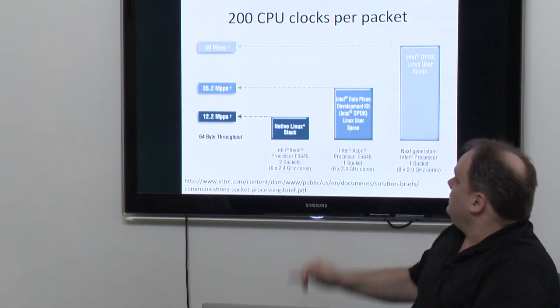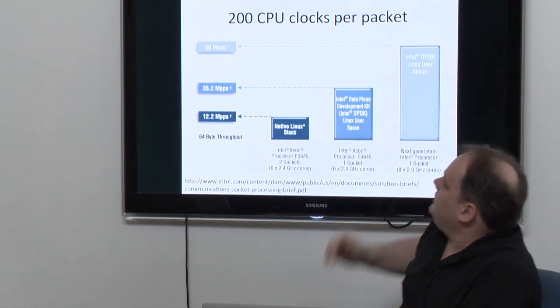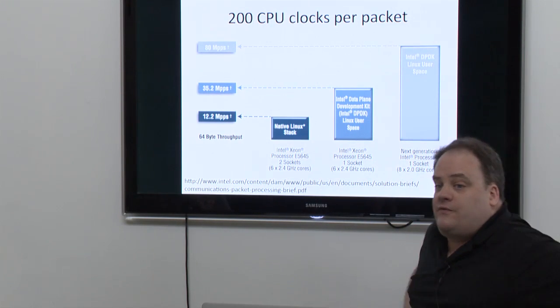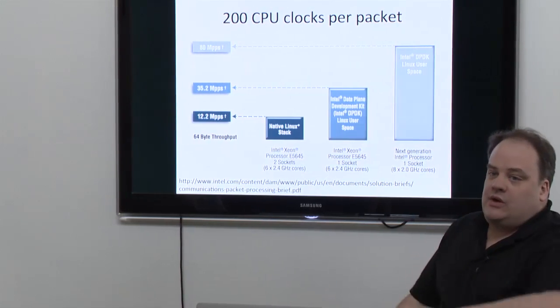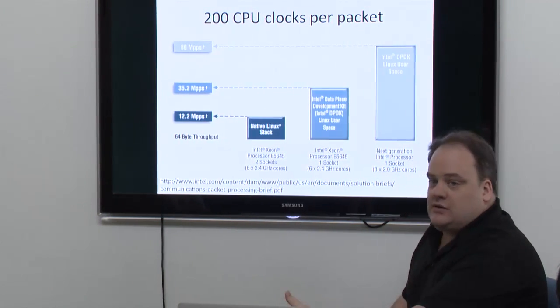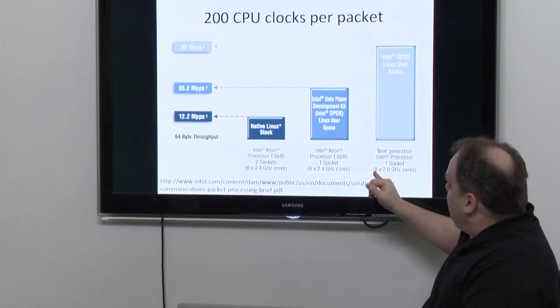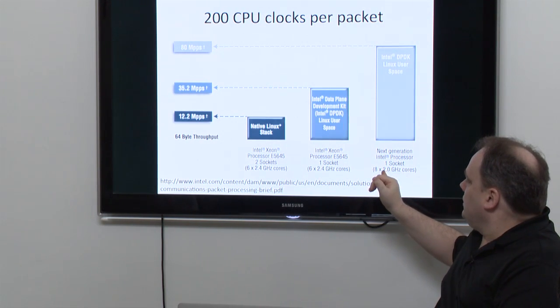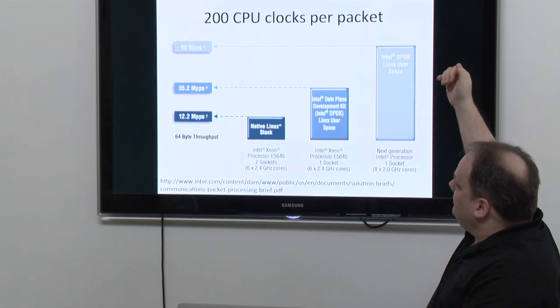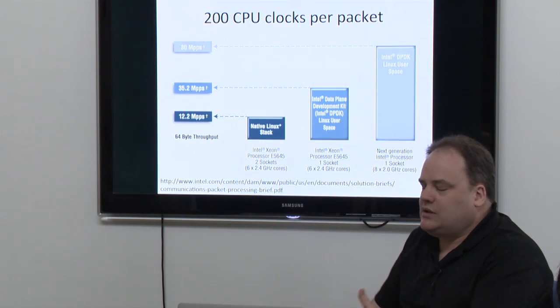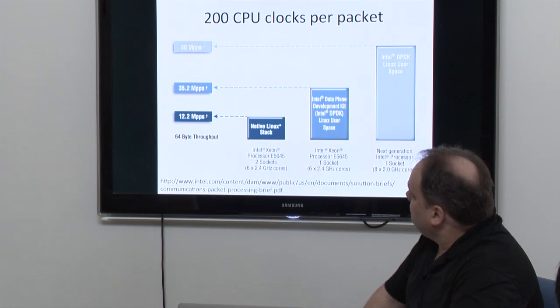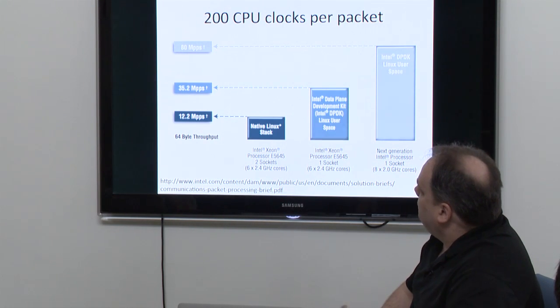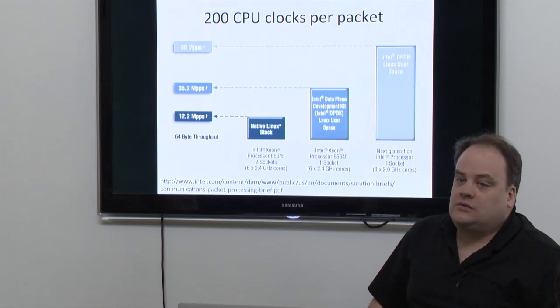Intel has benchmarked their DPDK in just forwarding mode, taking every packet coming in on one side and just copying it out to the other side. On an 8-core CPU with 2 gigahertz cores, one socket, they're doing 80 million packets per second, which comes out to about 200 clock cycles per packet.